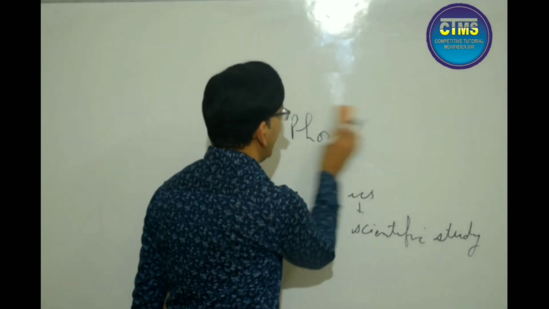Now, as in the English alphabet we have 26 letters, similarly in transcription, in phonetics, we have 44 sounds.